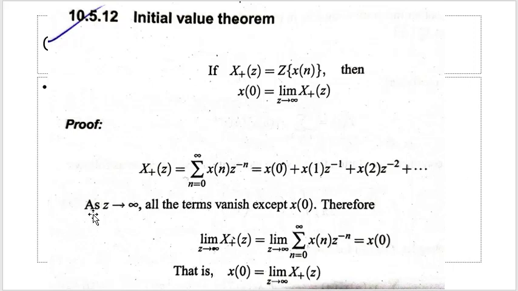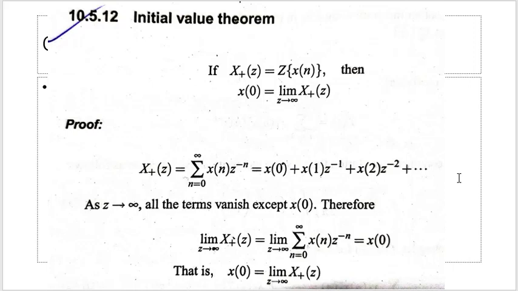So as z tends to infinite, all the terms vanish except x of 0. They will vanish because, in the right handed sequence, if the value of z becomes infinite and I substitute infinite here, this will be 0, here also it will be 0, here also it will be 0, z power minus 3, z power minus 4, z power minus 5, whatever it is.